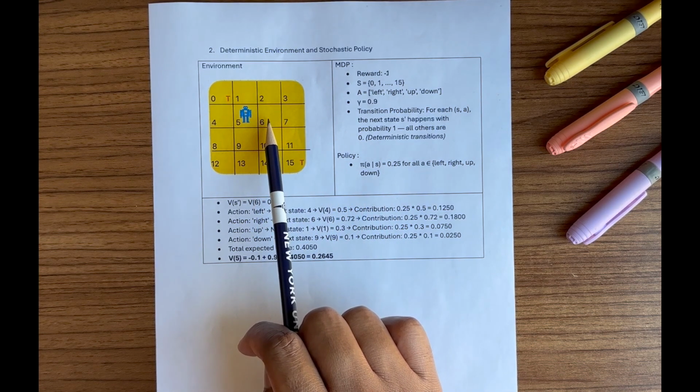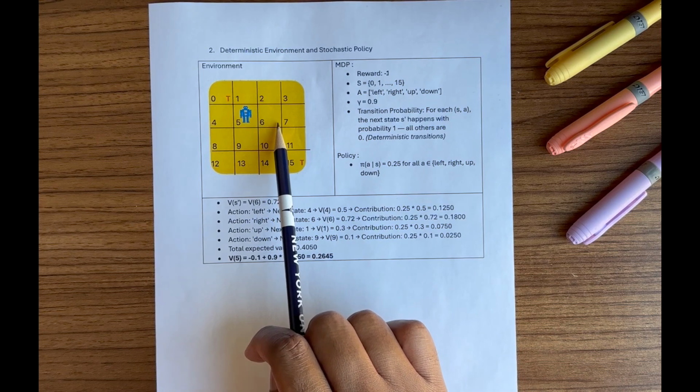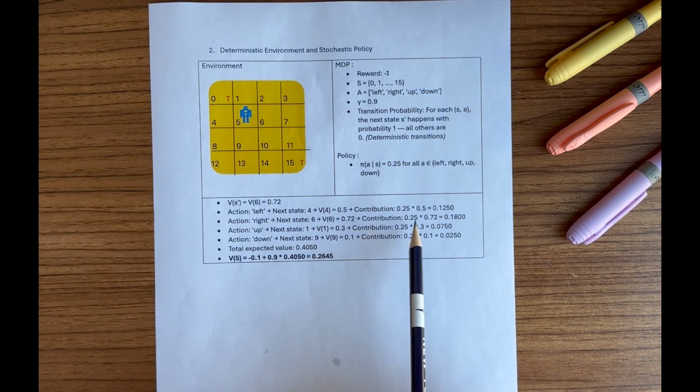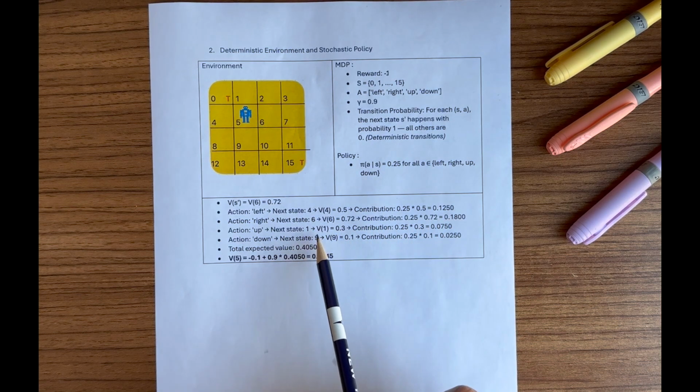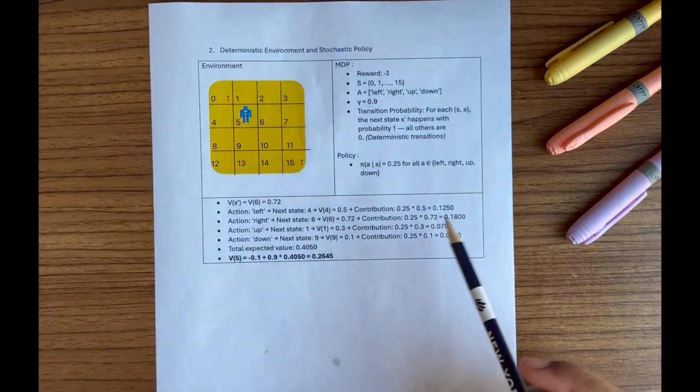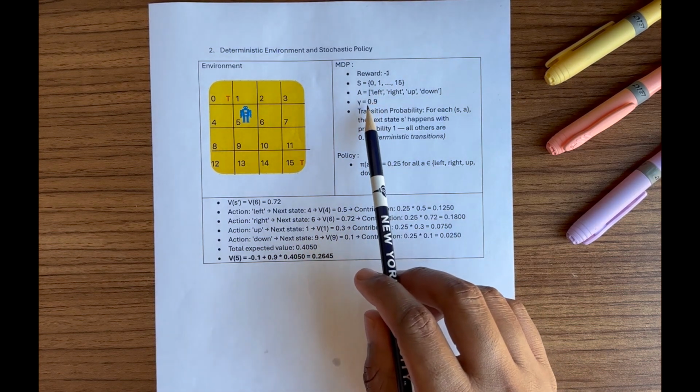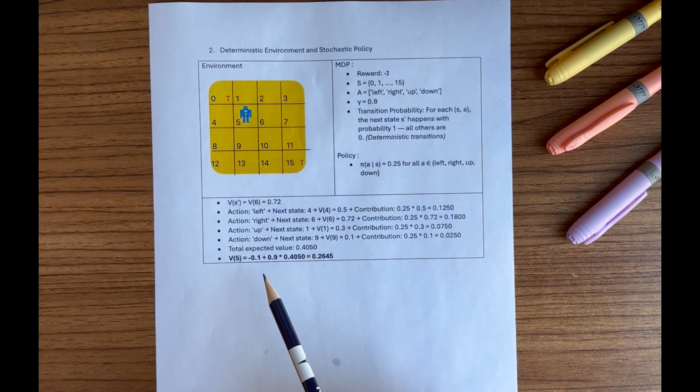There's a probability of 0.25 of going right, and it will end up in state 6. The value of state 6 is 0.72 multiplied by 0.25, and then we get this. We do that for all the 4 possible actions, take the summation, multiply by gamma, and add it to the reward.